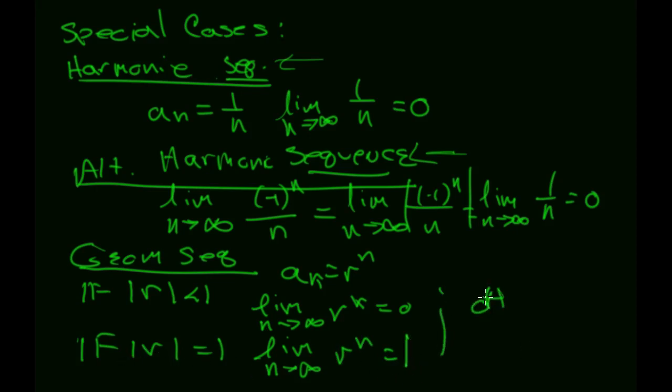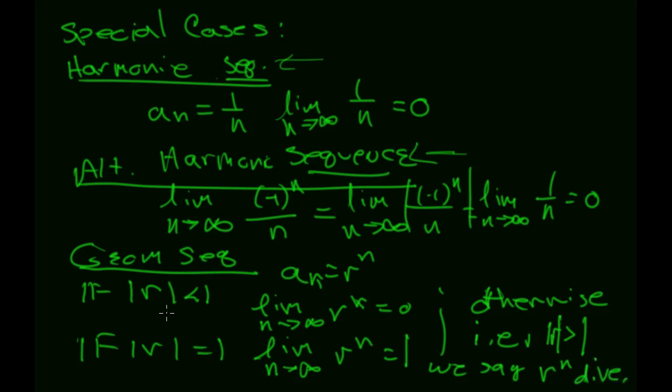And otherwise, i.e. the absolute value of r is greater than 1, we say r to the n diverges. So it will only converge if the absolute value of r is less than or equal to 1.